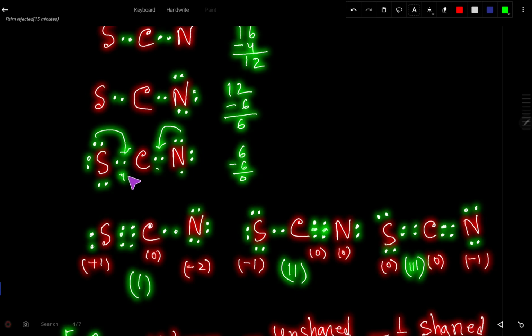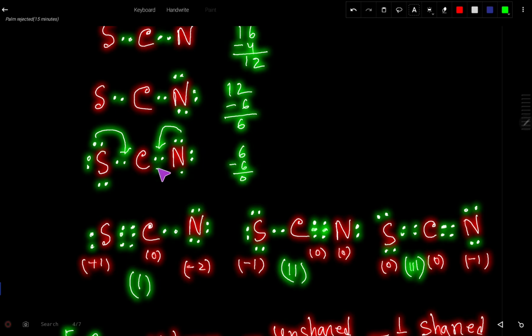Also, we can move lone pairs equally. We can take one pair from nitrogen and one pair from sulfur, and then we'll get this structure 3.